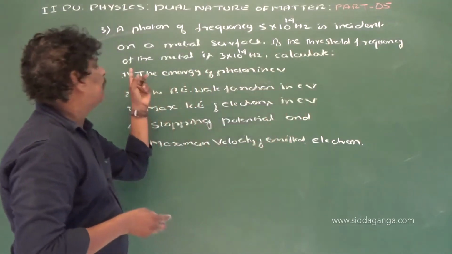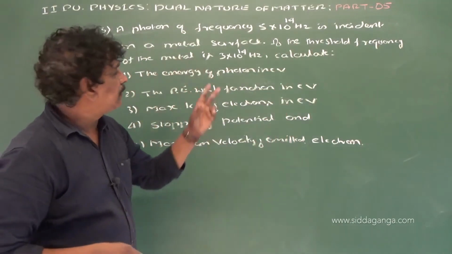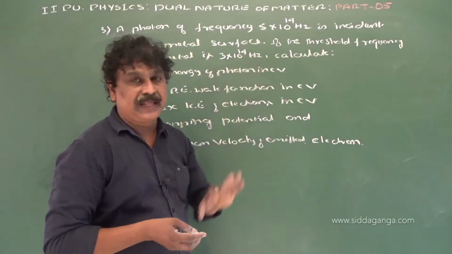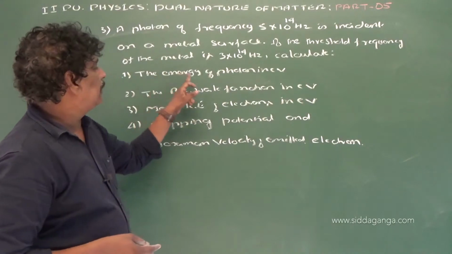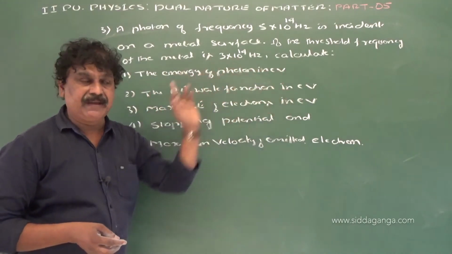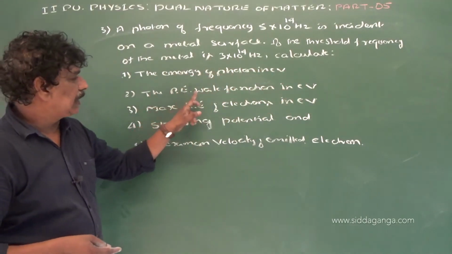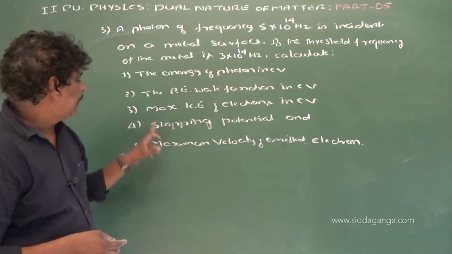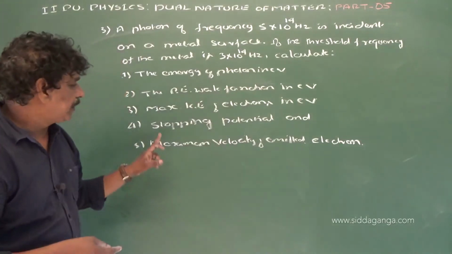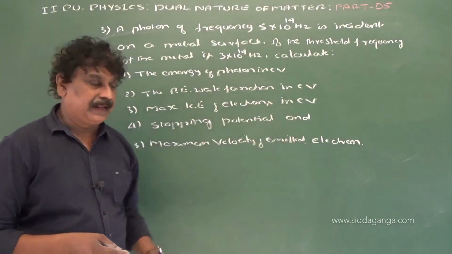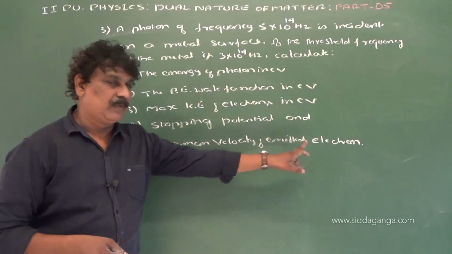So a photon of frequency 5 into 10 power 14 hertz is incident on a metal surface, the threshold frequency of the metal is 3 into 10 raised to the power of 14 hertz. Then we have to calculate the energy of photon in EV, the photoelectric work function in EV, the maximum kinetic energy of electron in EV, the stopping potential, and the maximum velocity.